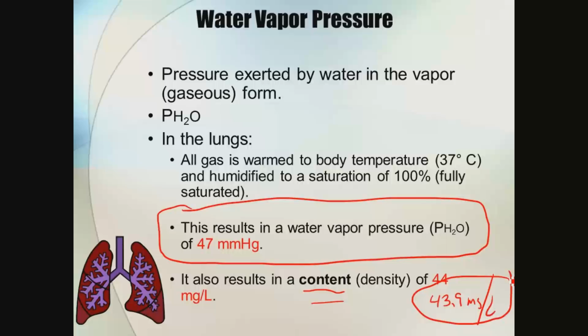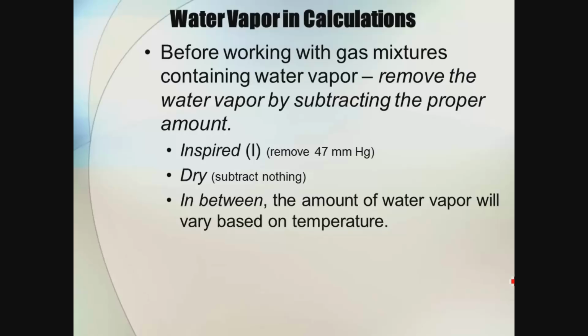Now, we're going to come back and visit this when we talk about humidity and how we can alter the amount of water that is in the air. Okay. So if we want a truly dry gas, we've removed all the water vapor.